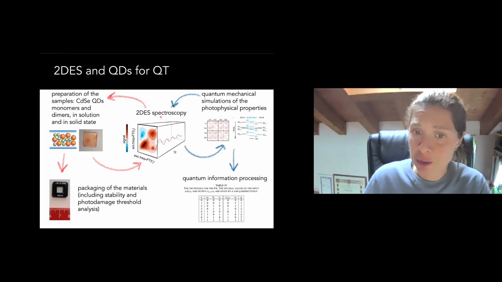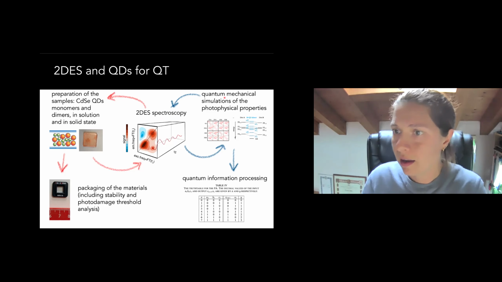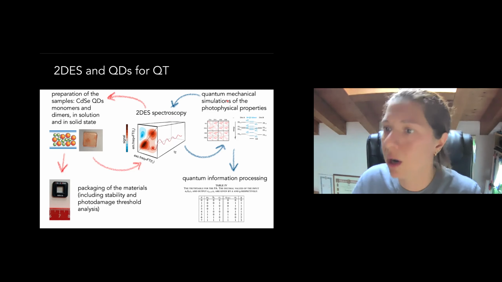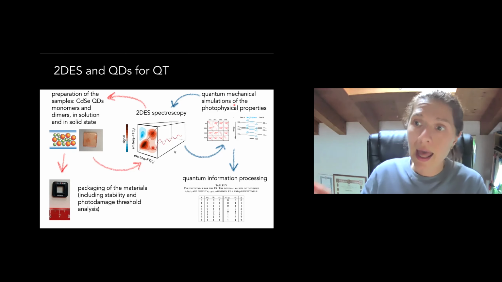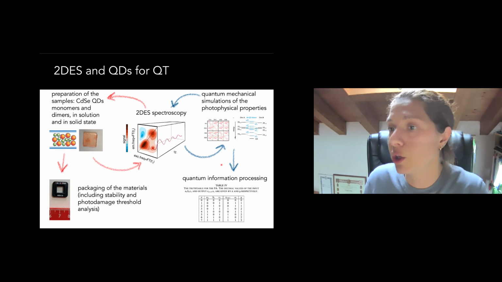Then 2D electronic spectroscopy response has been simulated by means of quantum mechanical methodologies, by means of suitable excitonic Hamiltonians, and the simulation of the 2D response was used to perform quantum information processing.